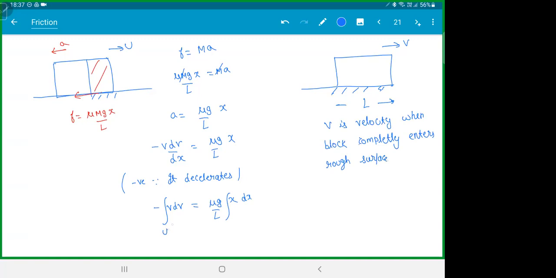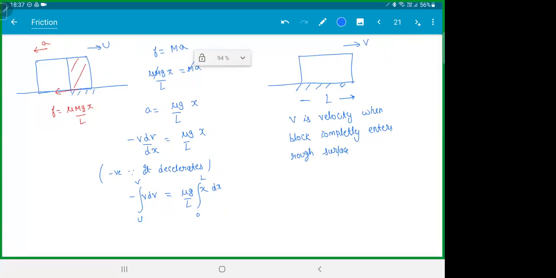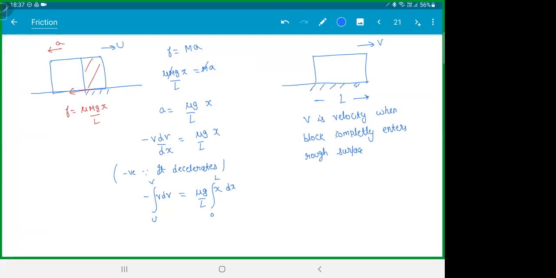So limits will be from u to v. This will be from 0 to L. So this will be v square minus u square by 2 is equal to mu g by L, x square by 2, that will be L square by 2.